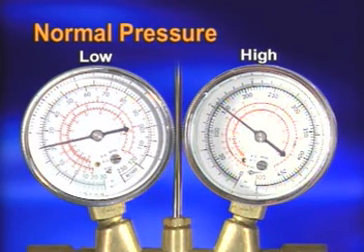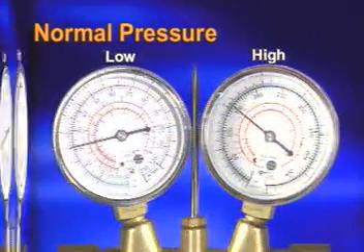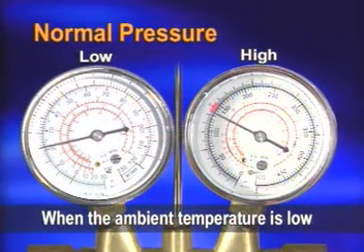Though normal pressure may vary depending on the ambient temperature and humidity. If the ambient temperature is high, low pressure is almost no change, but high pressure increases slightly. If the ambient temperature is low, the low pressure gauge doesn't move, but the high pressure decreases slightly.